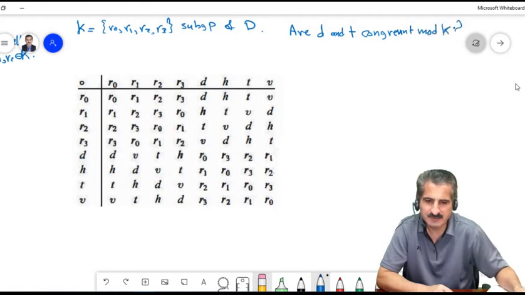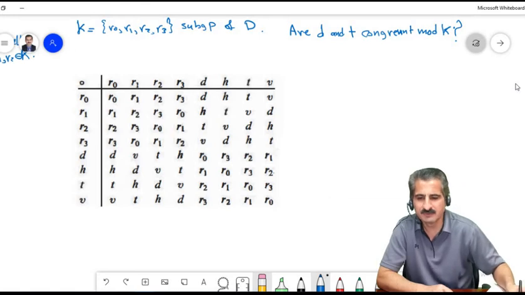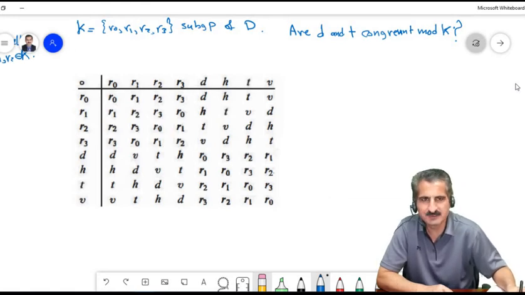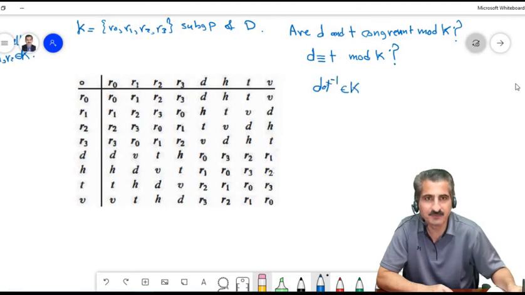This translates to the following. D is congruent to T modulo K. This is equivalent to asking whether D composed with T inverse is in K. If yes, then they are congruent. If no, then they are not congruent.